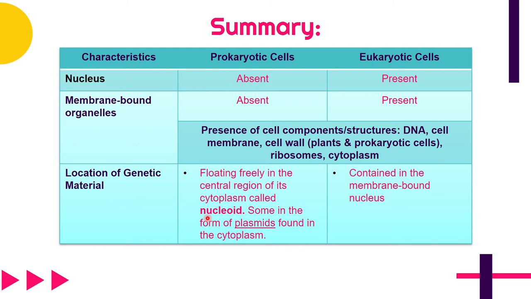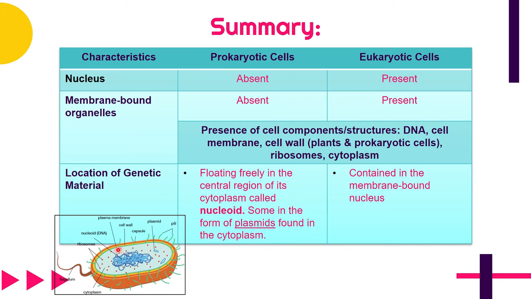But I forgot to mention earlier that in the cytoplasm of a prokaryotic cell, there are also genetic materials that you can see, called plasmids. Plasmids are circular genetic materials. And then for eukaryotic cells, the genetic material or DNA is surrounded or contained in a membrane-bound nucleus.